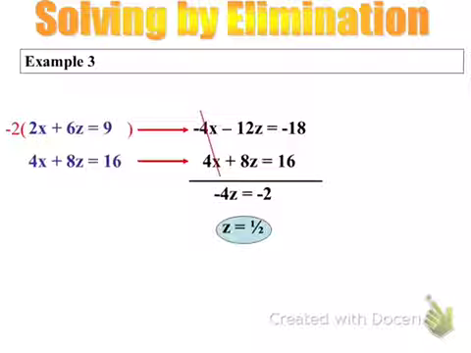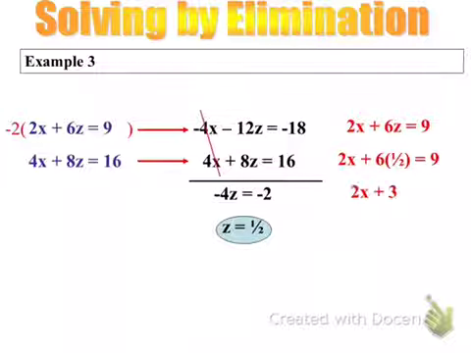Everybody get there? Peyton, you good? Now we want to make that substitution in one of these two equations. And that's going to give us 2x plus 3 equals 9, x equals 3.